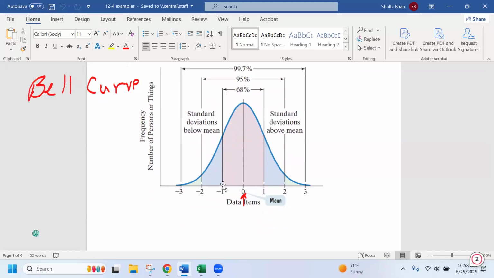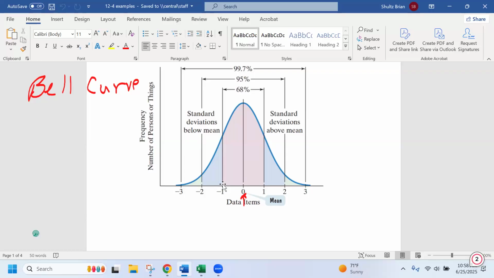What this means is that when I look at this, most of the scores will fall within 68%, or one standard deviation of the mean. 68% of the values will fall within that. And then 95% fall within 2 standard deviations of the mean.